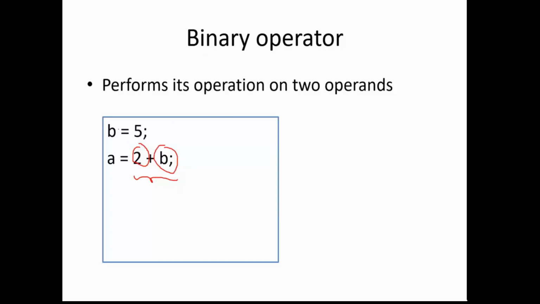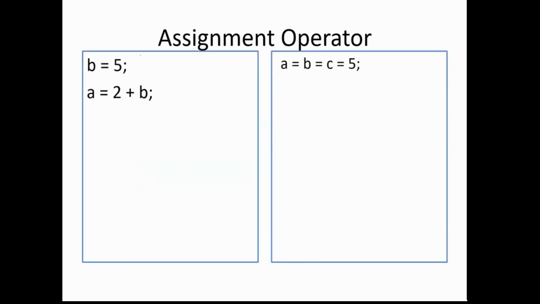Unlike plus, the equal sign here has a special feature because we can assign a value. That's why we call it an assignment operator. Even though we have two operands, what will really happen is that the value we write on the right hand side will be assigned to the left hand side. So when we assign things to another variable, we say it is an assignment operator.